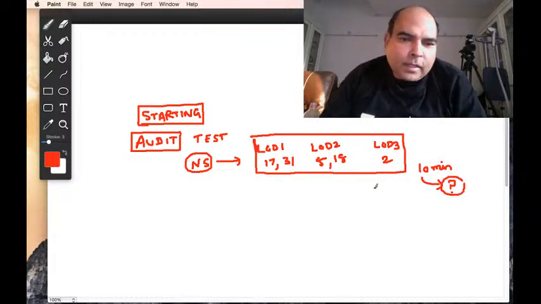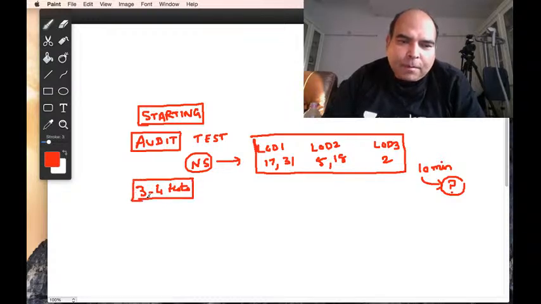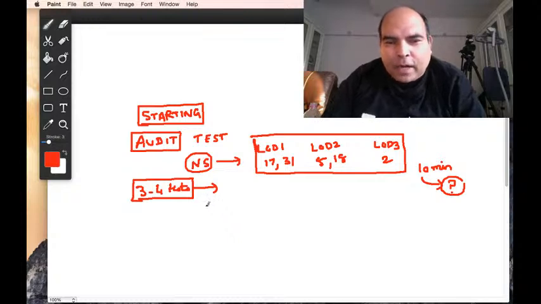So if you make 3 or 4 tests like this before you start studying a chapter, randomly, you can use my book, or if you're using some other study material, make it randomly.